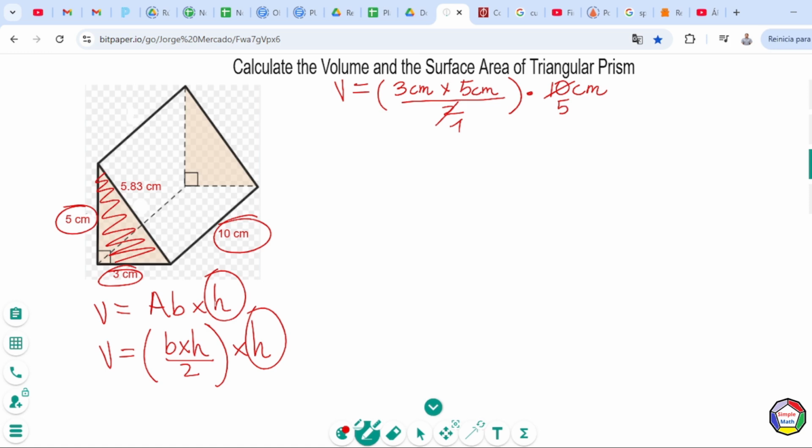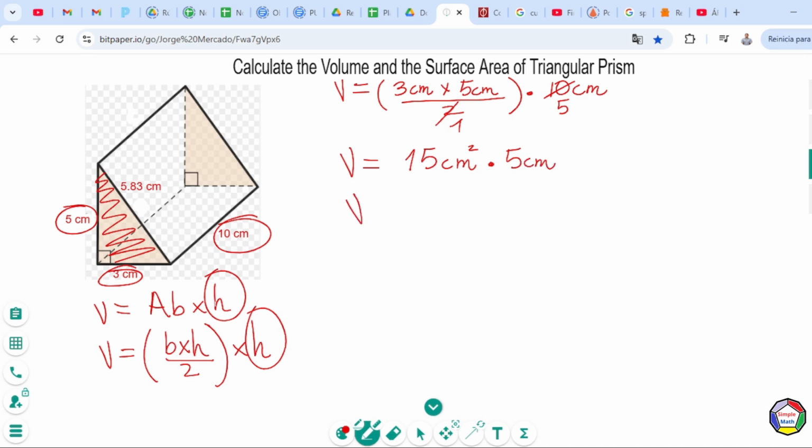So we have that the volume of that triangular prism is 3 times 5, 15 centimeters squared, times 5 centimeters.